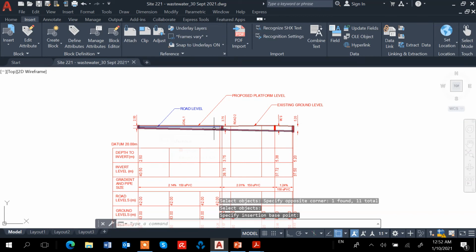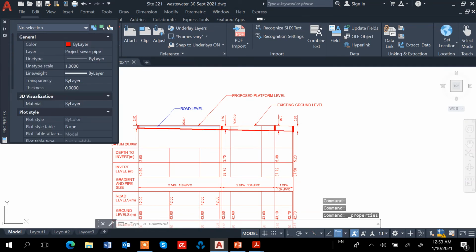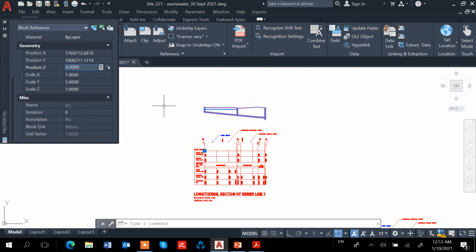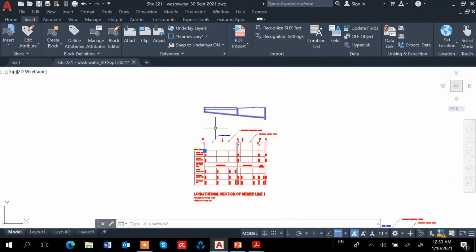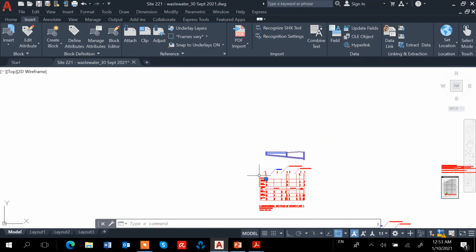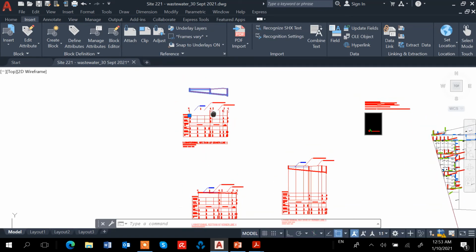Okay, so this is a block. Now I go to modify properties, highlight this, and put 5 for the Y. Now you can see that it's just going up there. So this is the scale, 5 times vertically from the earlier one.